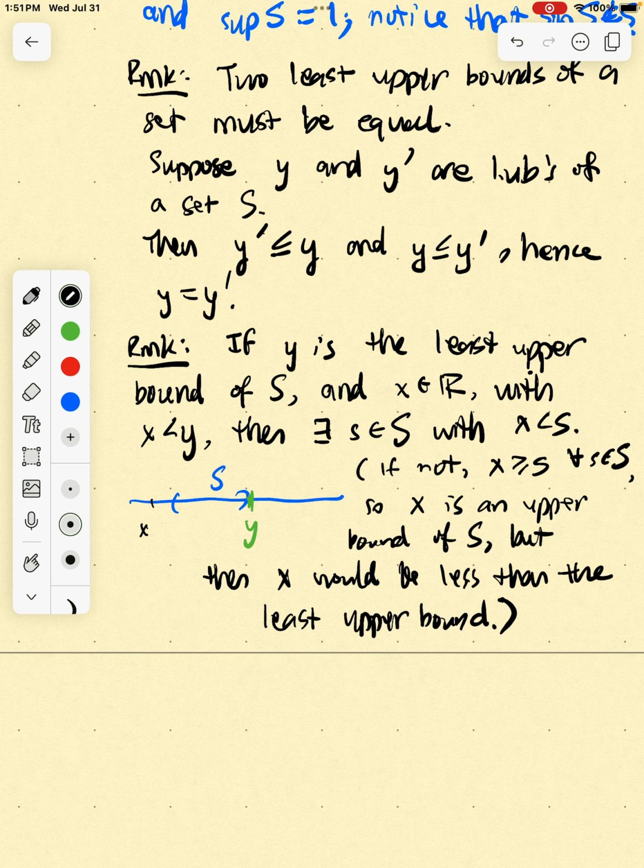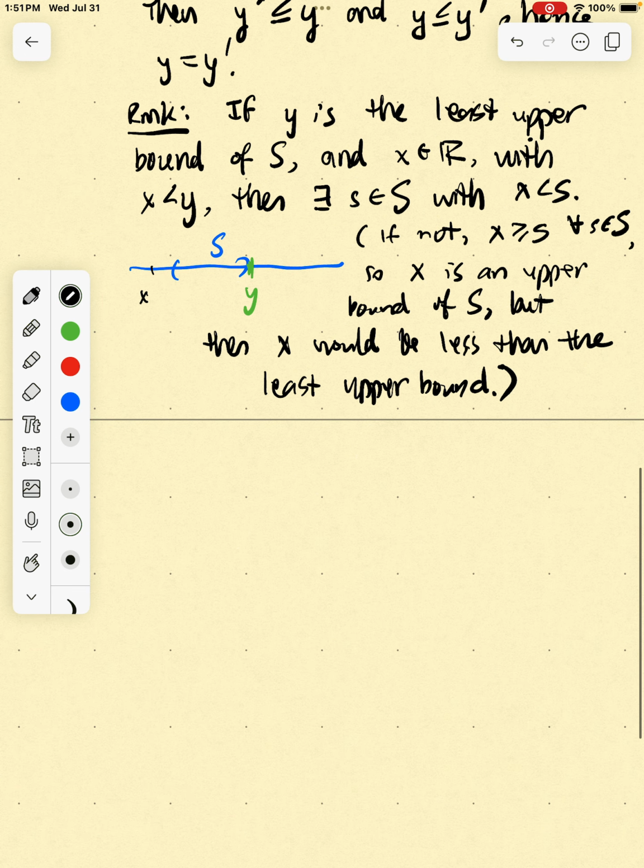So that's the reason. That's just a useful thing to keep in mind. It might come up in some proofs later.